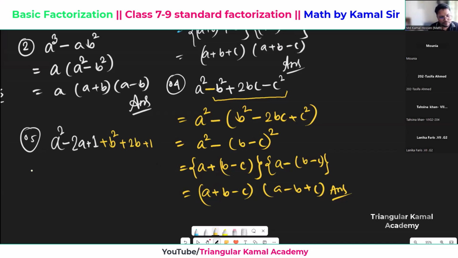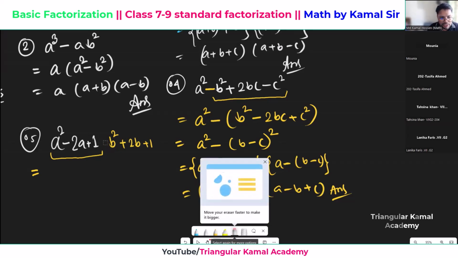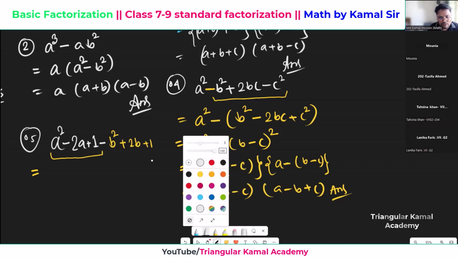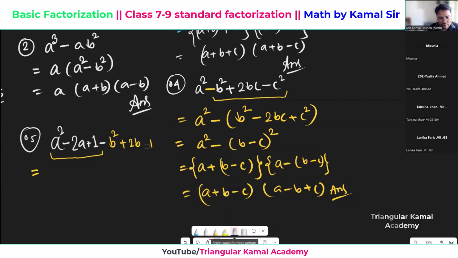The first three terms are the formula. First three terms, there will be one formula, and I think this symbol must be minus, otherwise it is not possible to use the a square minus b square formula. Just two symbols we have to change here. Okay.